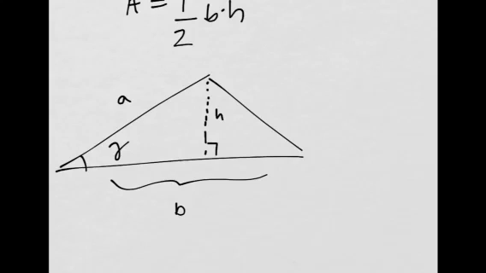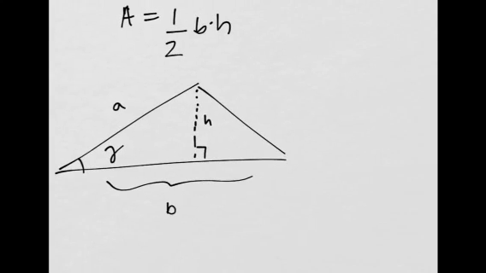So sometimes we don't have the base and the height. But there's a way we can get around that if we have one of the angles. So that's what we're going to look at right now. If I was writing some equation involving H and A, well, what's the sine of gamma?